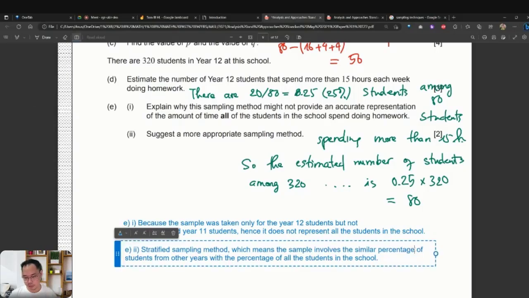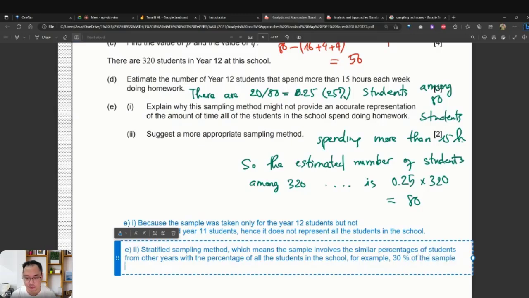Percentages, for example, 30% of the sample from year 10, 40% from year 11, and 30% from year 12.